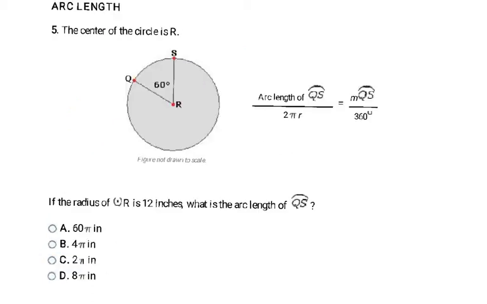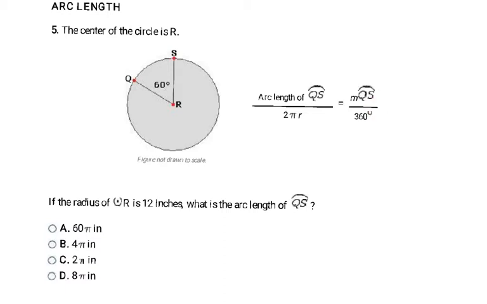So far, all the questions that we've been working on have asked us what is the measure of an arc in degrees. Well, sometimes it's more useful to know what is the measure of that arc in length, so centimeters, inches, feet, than it is to know what it is in degrees. So in order to find that, we have this formula over here to calculate that.